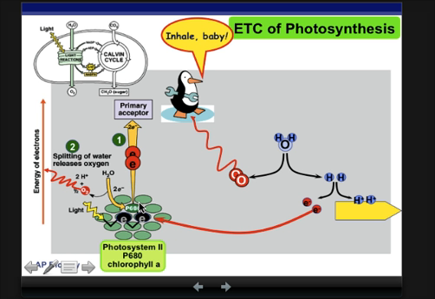The electron hole has to be filled. So that's what I was saying, that after that electron is given off, the need to replace it is huge. So you can imagine the power that's required to split water.